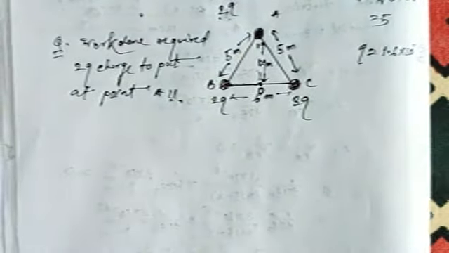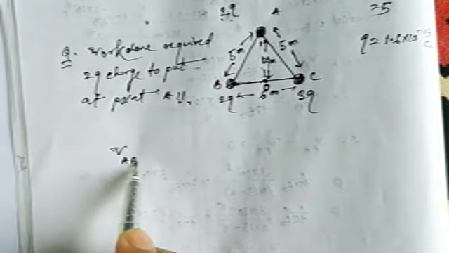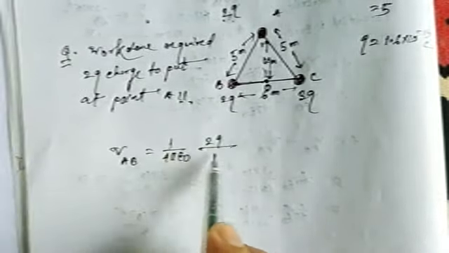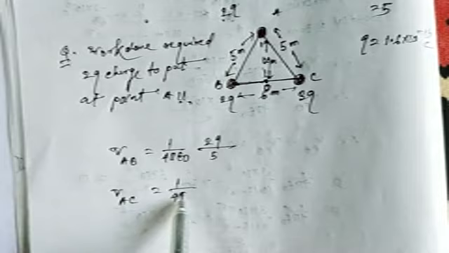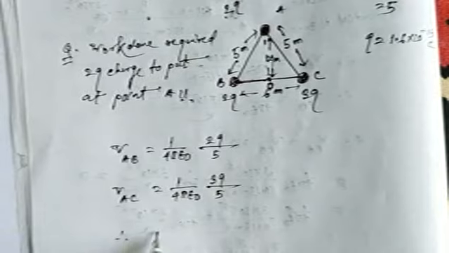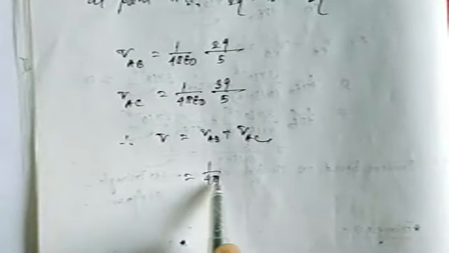Therefore potential V at point A due to B, VAB, will be 1 by 4 pi epsilon naught into 2Q by 5, and VAC equals 1 by 4 pi epsilon naught into 3Q by 5. Therefore net potential V will be VAB plus VAC, which leads to Q by 4 pi epsilon naught within bracket 2 by 5 plus 3 by 5.